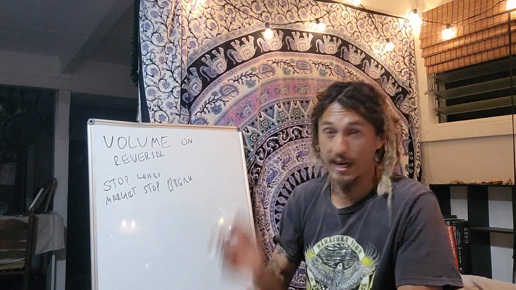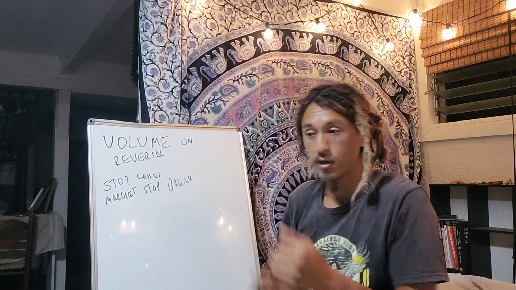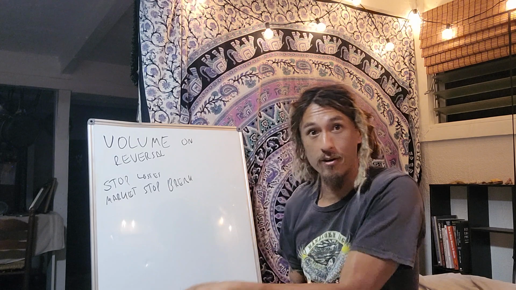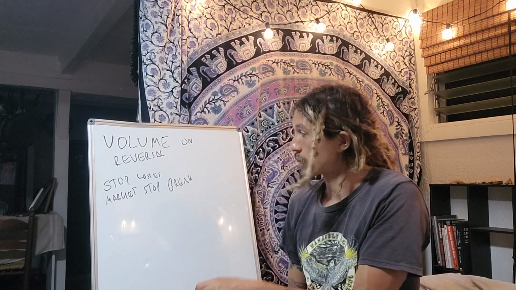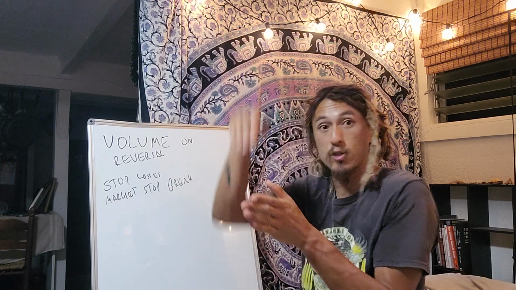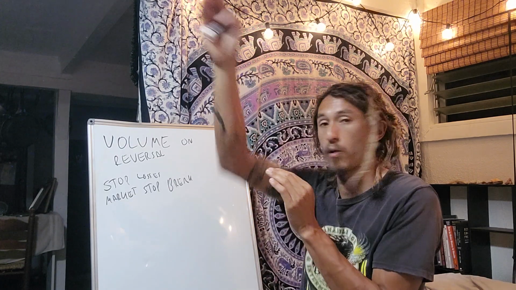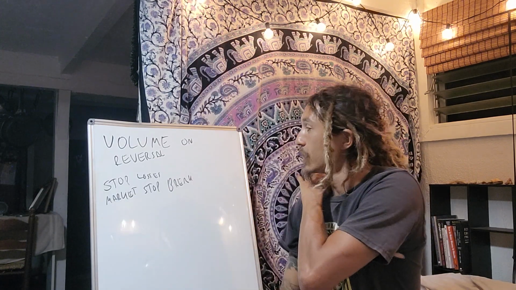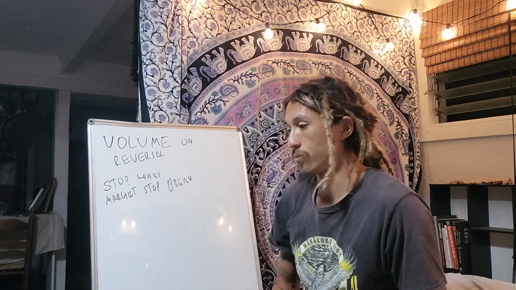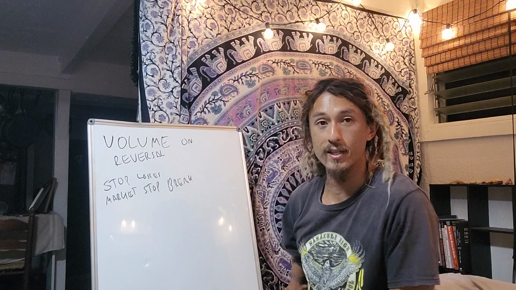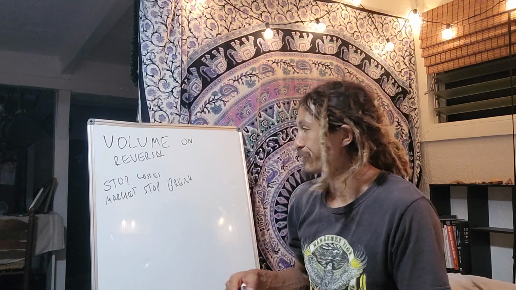People FOMO buying the top because we're going to go farther. People fear selling the bottom because we're going to go lower, right? We have so much momentum to the downside, I'm going to sell. We have so much momentum to the upside, I'm going to buy. Market stop break. So that is another type of order that's coming in that is generating this volume.